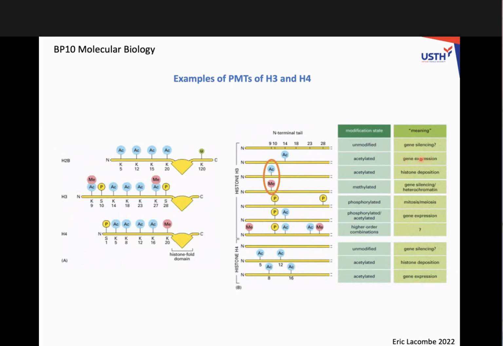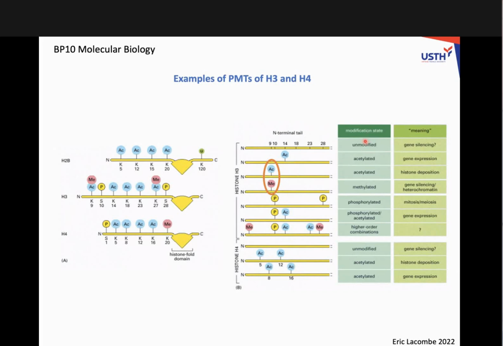So what does it mean according to you? Can you tell me what you think about that? It's the decondensation, right? Of the protein. Exactly. It means that when position 14 is acetylated, the consequence is decompaction of chromatin, so gene expression. Okay? And you have all the other possibilities.